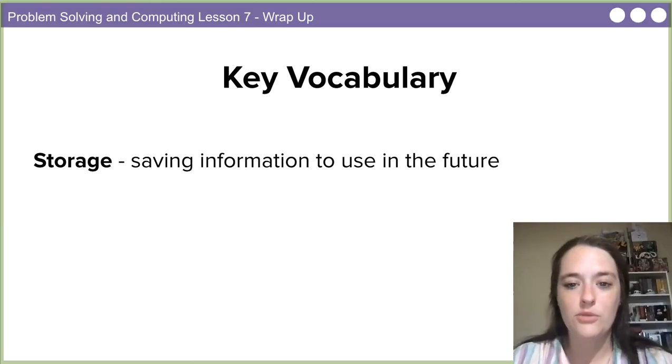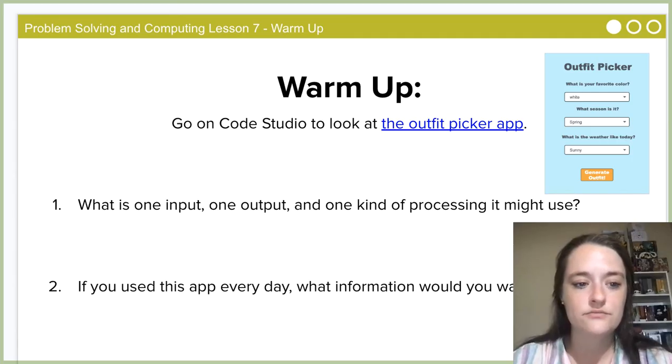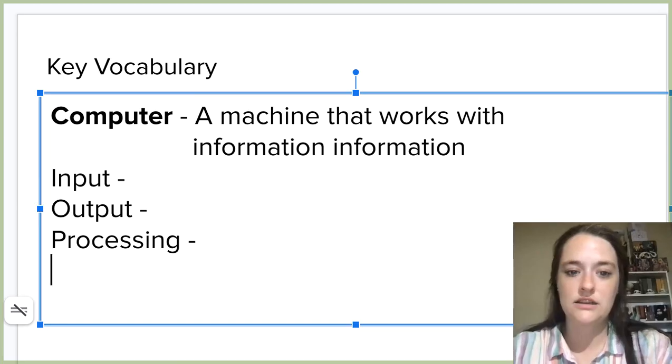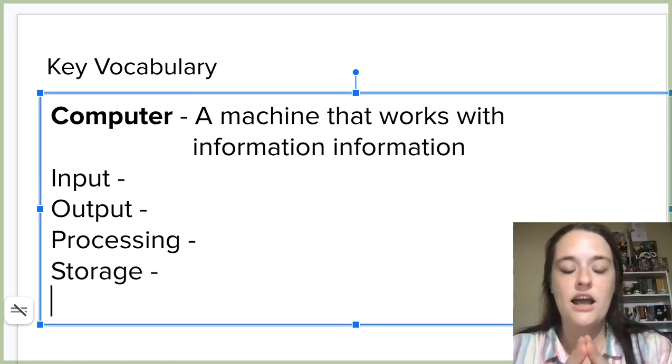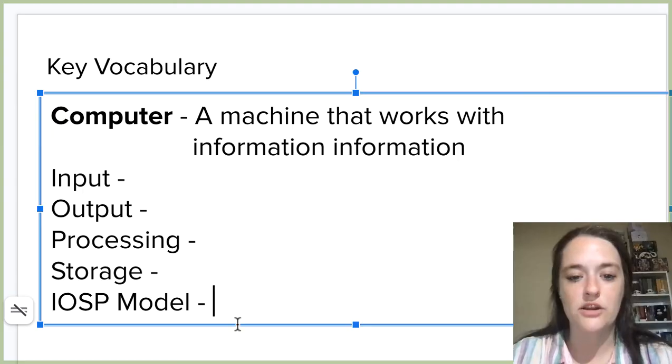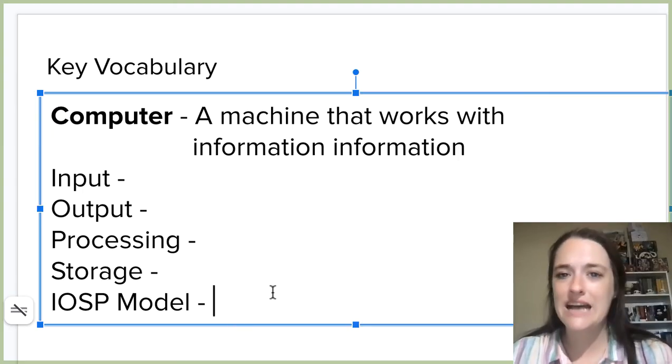Add your key vocabulary storage to your vocabulary slide, okay? And you know what? I also want you to add the IOSP model to your vocabulary, okay? What is the IOSP model?